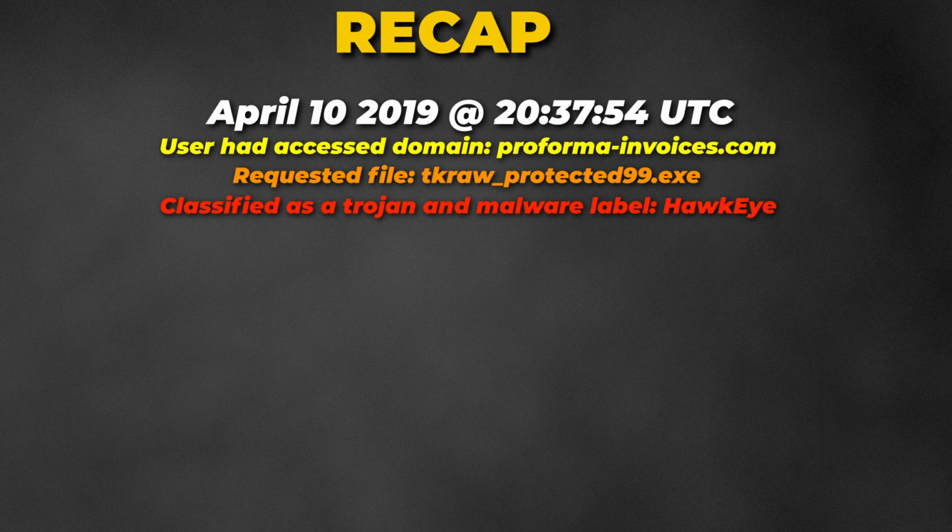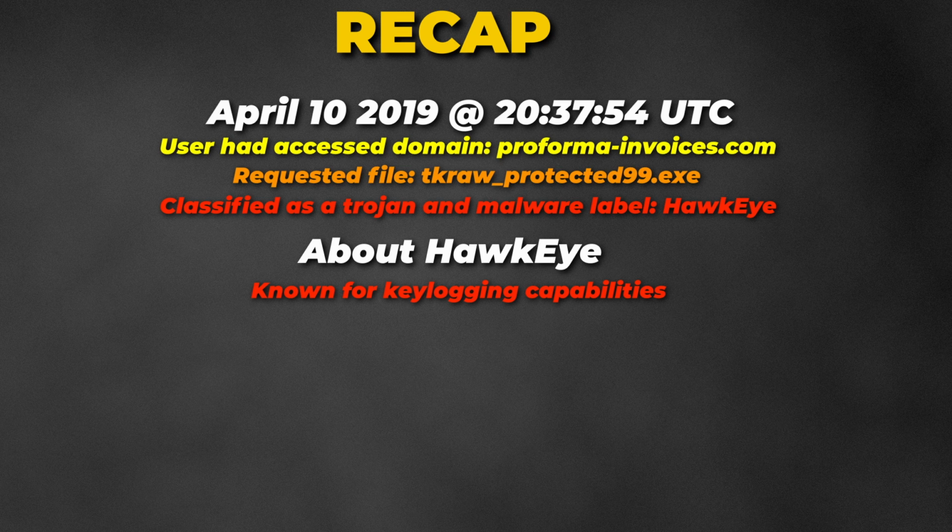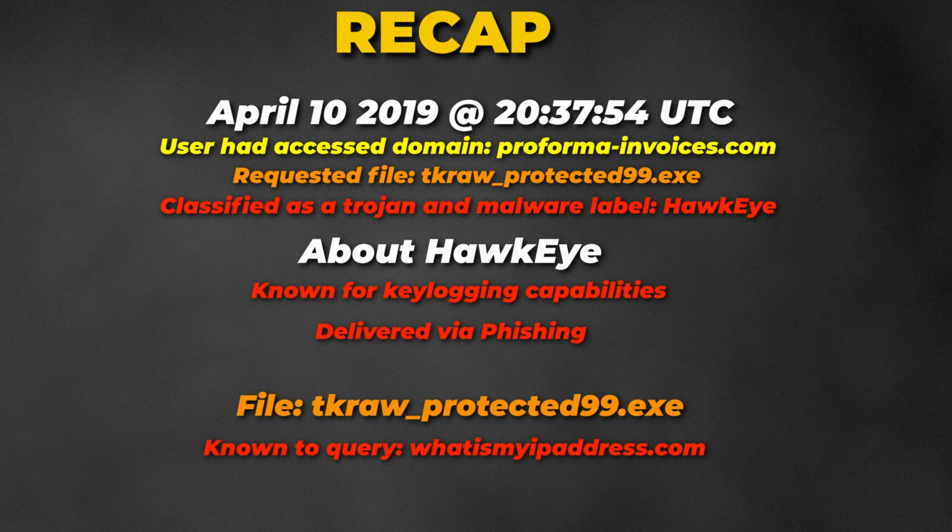Based on open source intelligence, this file is classified as a Trojan with a malware label of Hawkeye. Hawkeye is a malware family that is known for its keylogger capabilities. Hawkeye is usually delivered via phishing, and this file is known to query a site called whatismyipaddress.com.